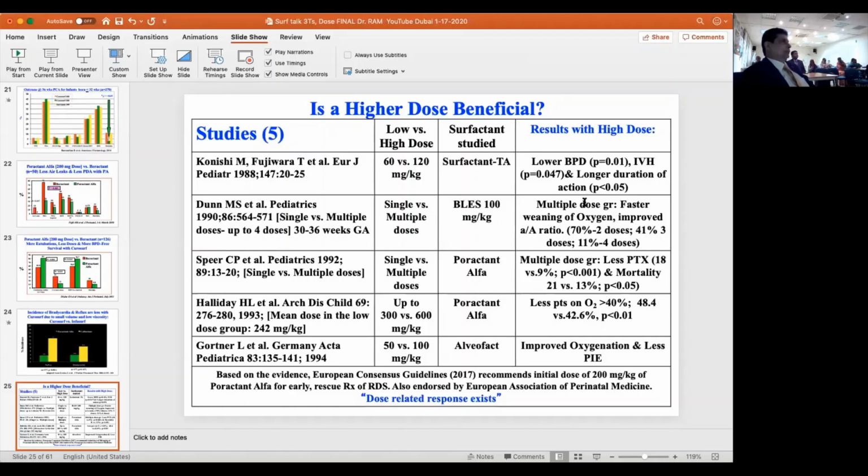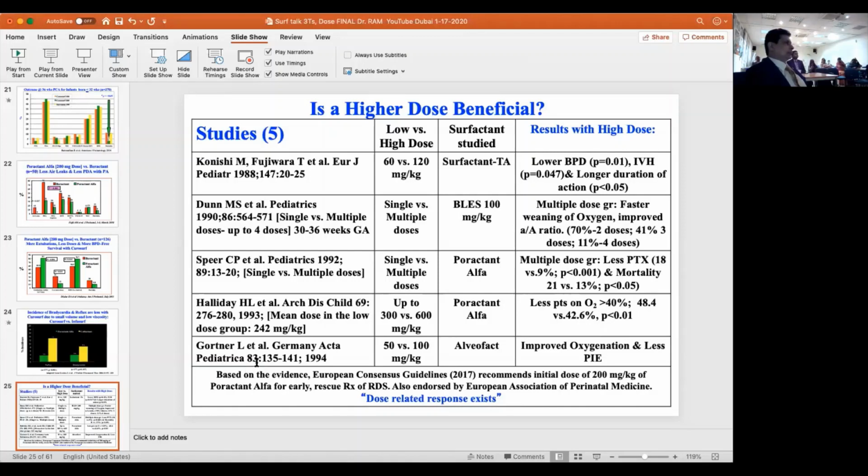Maybe the higher doses had improved A-a ratio and single versus multiple doses, less pneumothorax, higher dose, less mortality. Another study, 300 versus 600 milligrams of poractant alpha, had a lower number of patients requiring oxygen, 40%.